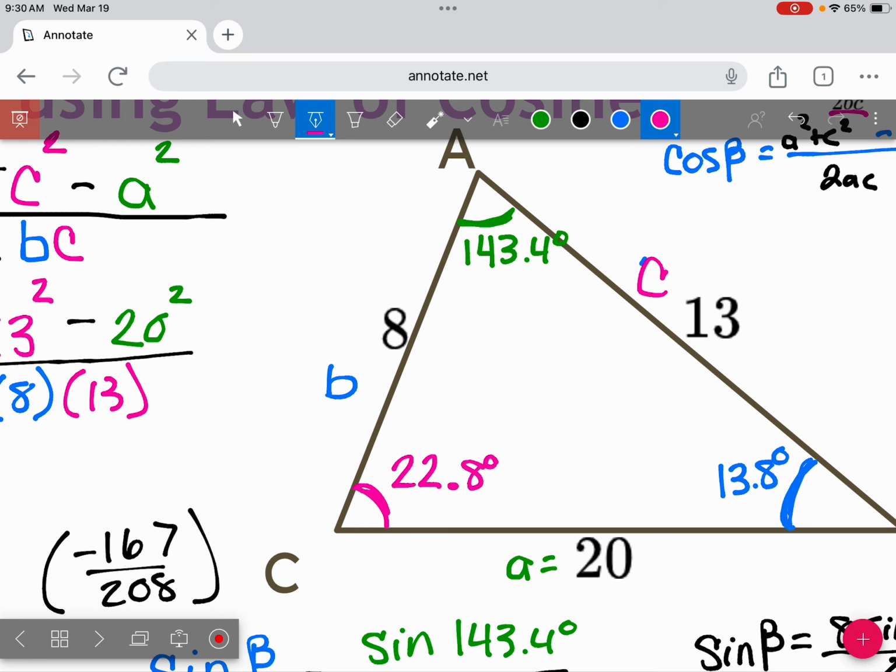Huh? No. Because if I put 23 and then I added it all up, we would not add up to 180 degrees. So we can't round differently. Just don't round to 23 degrees. No, we're good.